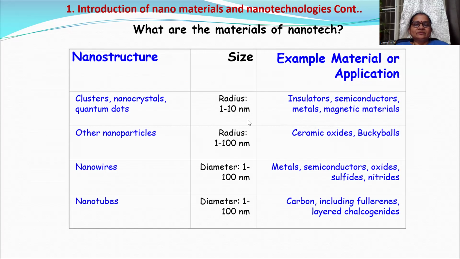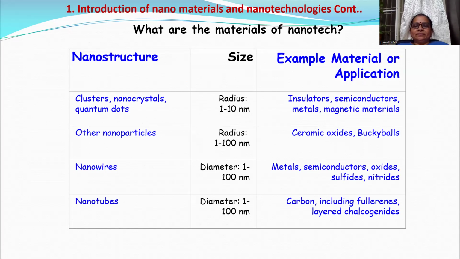Then, what are the materials of nanotech? If you see the nanostructure, the size, and examples of materials or applications: clusters or nanocrystal quantum dots are of radius 1 to 10 nanometer.